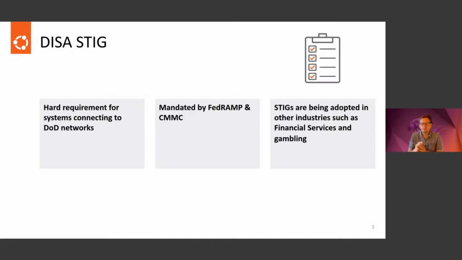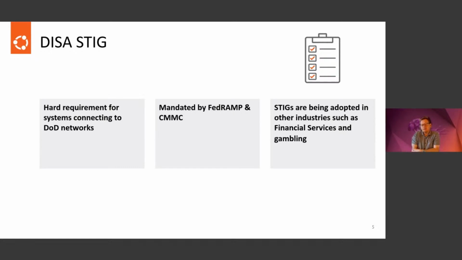There are also other programs within the federal space where they decided that STIG recommendations are a solid baseline. So for people running FedRAMP, the latest GAB recommendations suggest that you should harden your systems according to STIG. And the CMMC is a new set of standards for defense contractors, which mandates STIG hardening as well.